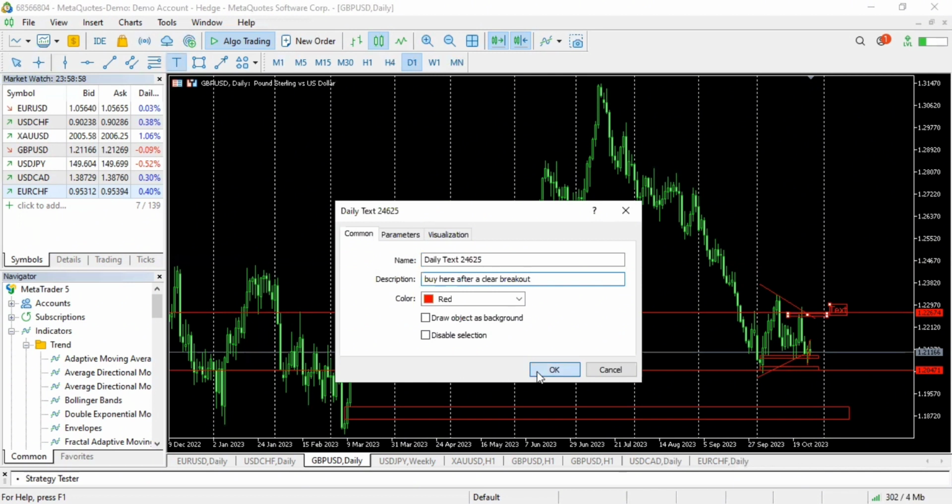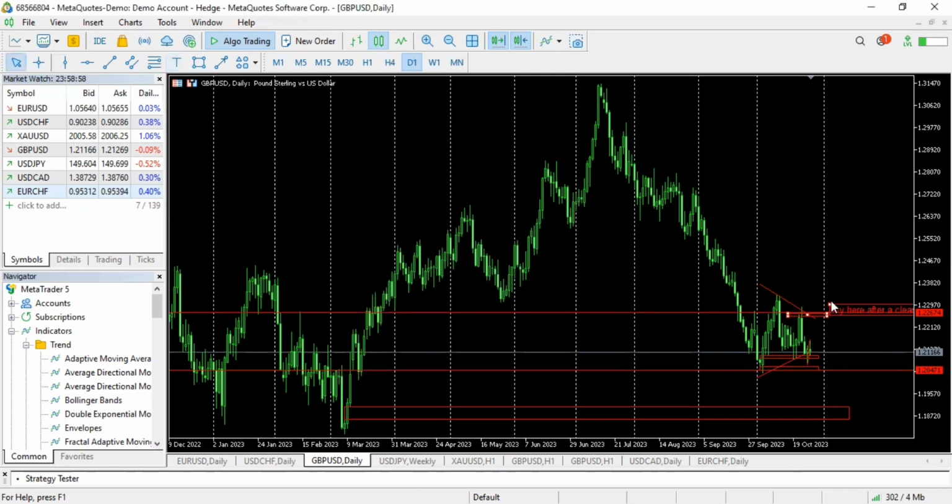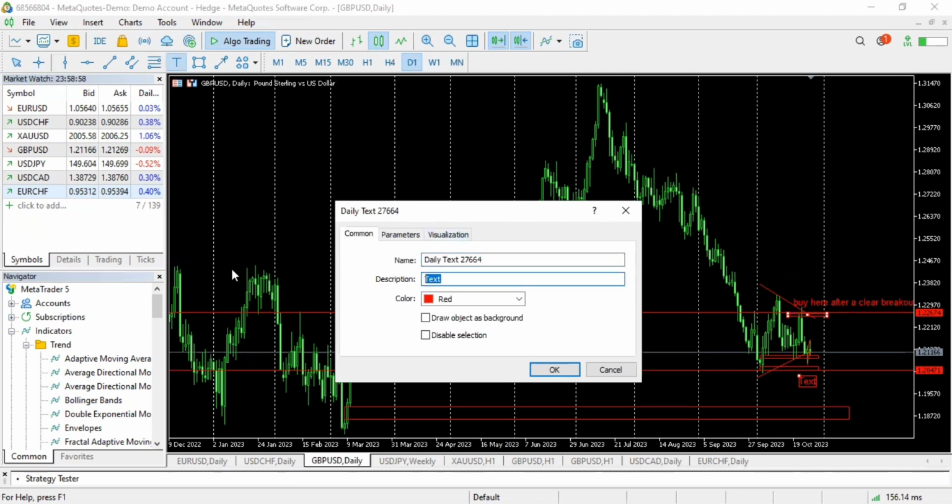So either you're waiting for a break and retest, or you just need clear information to take a trading decision on those prices. Okay, sell here after a clear breakout.